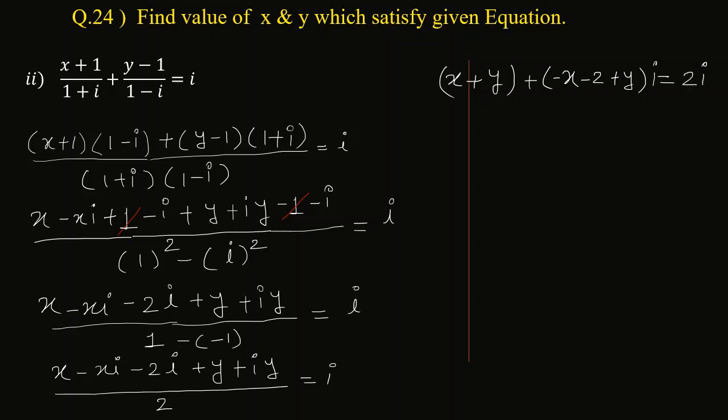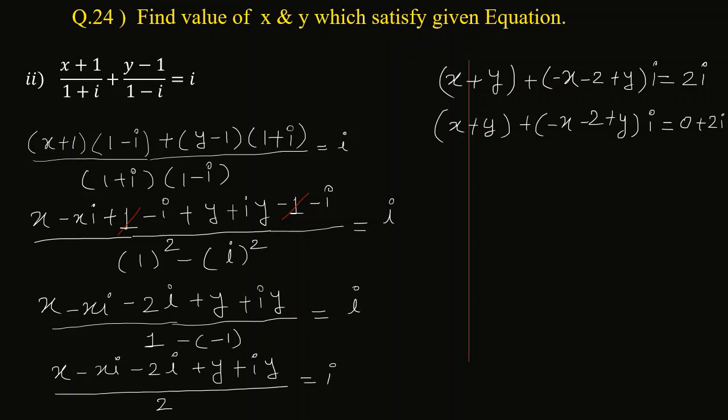This is what we get when we shift 2 from the denominator to the right hand side and write real and imaginary terms together. In the next step we can write this as x plus y plus (minus x minus 2 plus y) multiplied by i, and on the right hand side we have 2i, where the real term is absent, so it can be written as 0 plus 2i.